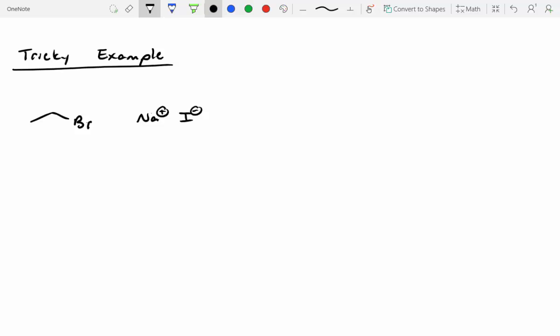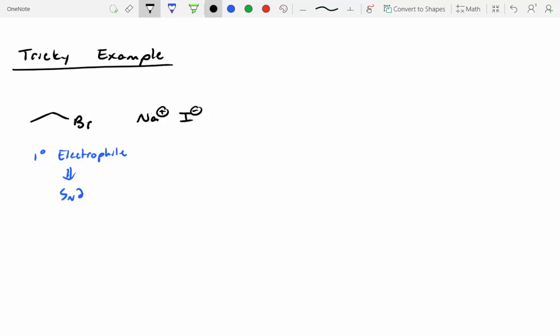And then we're going to do a substitution reaction. Will this be SN1 or SN2? SN2, right? Our electrophile is primary. So primary electrophile. That means that we're dealing with SN2 chemistry.